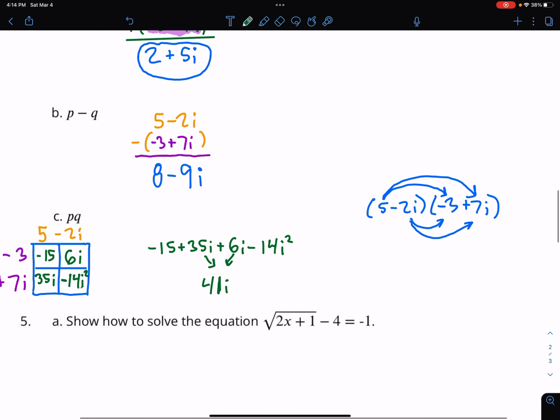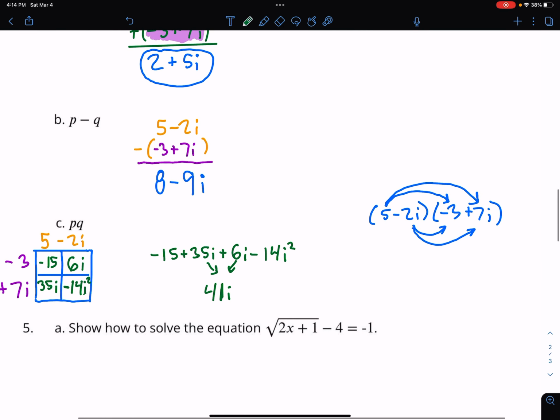So we can change that negative 14 times i squared, because this i squared is actually just negative 1. So let's multiply negative 1 times negative 14, call it positive 14. And we can combine that with the negative 15 out front here.